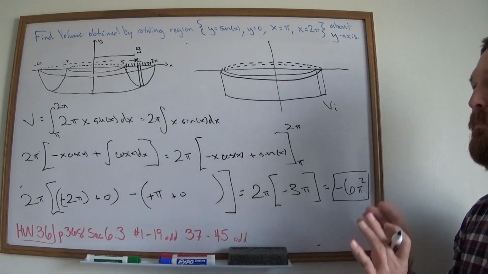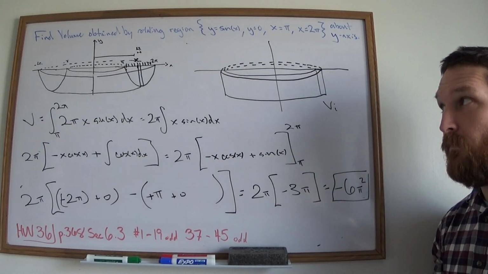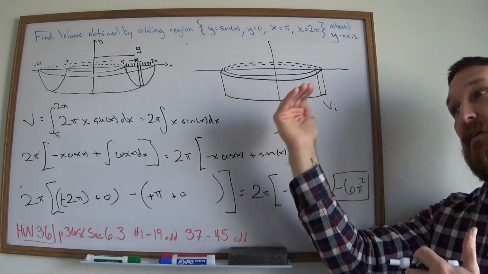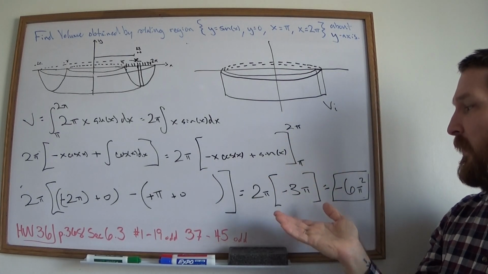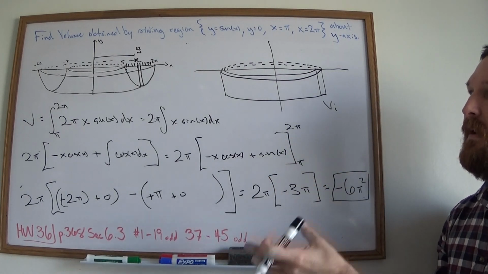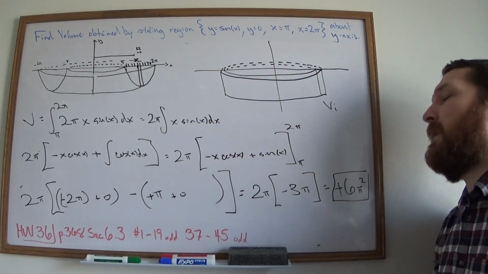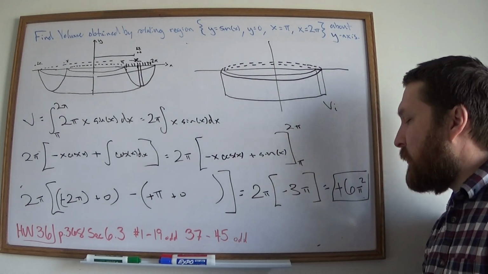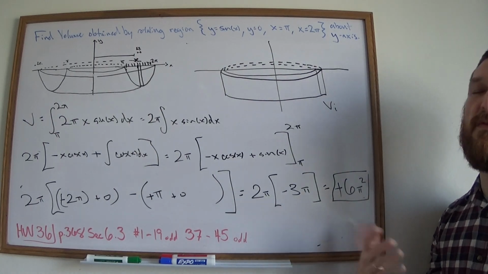You could say it's the signed volume, the same way we have a signed area: area above the curve is positive, area below the curve is negative. Ditto here. Although since we're thinking about it as a volume, just abstractly, somewhere in space, we'll just say it's positive. However, here's the thing. Don't get in the habit of getting a negative number and going, oh, right, but it's positive, so it's positive.